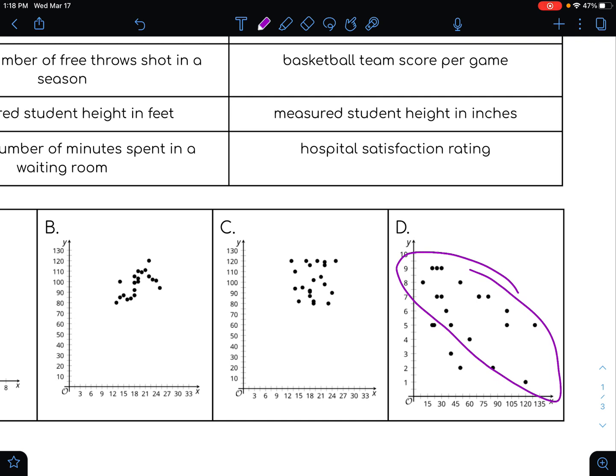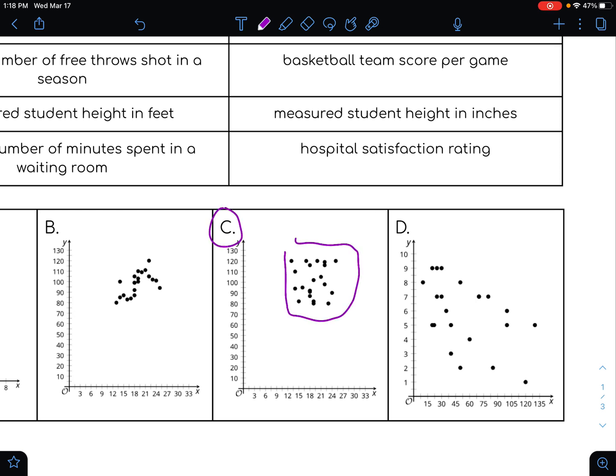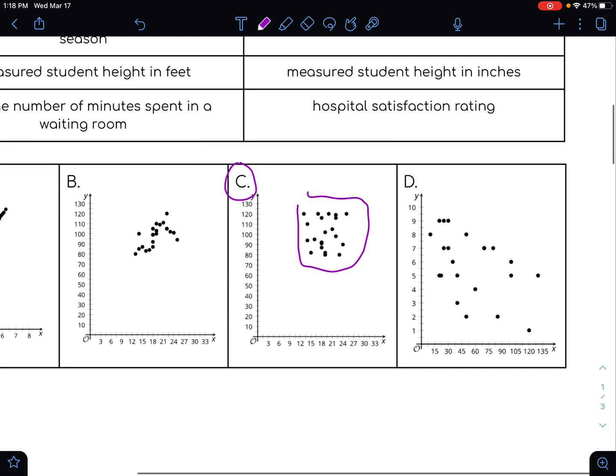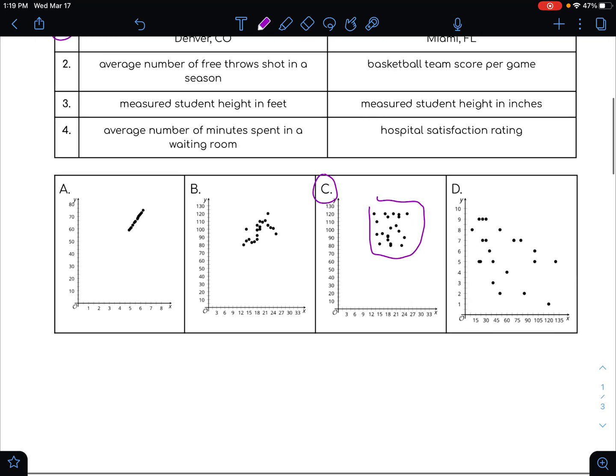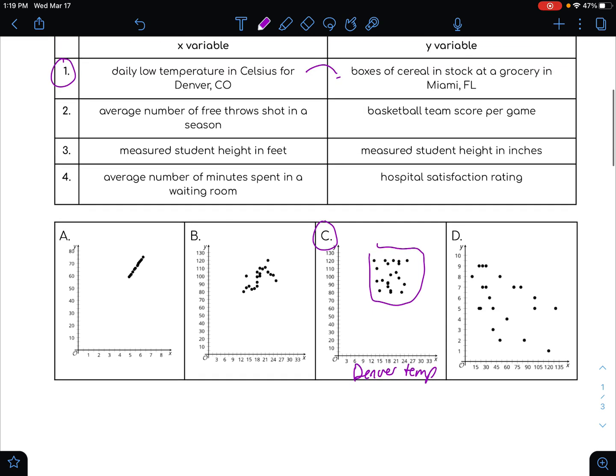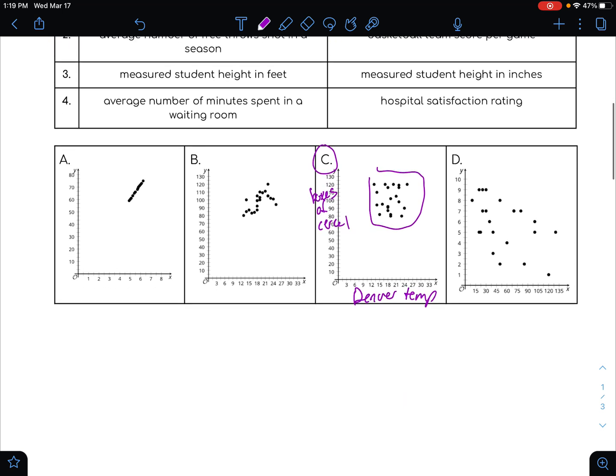So I'm not sure that it's D. I think it's much more appropriate here to look at C, because this whole group of points here, there's no pattern to them, up or down. And so it makes sense that in this case, this would be Denver temp and boxes of cereal as our two variables.